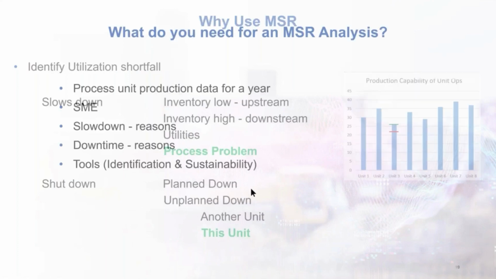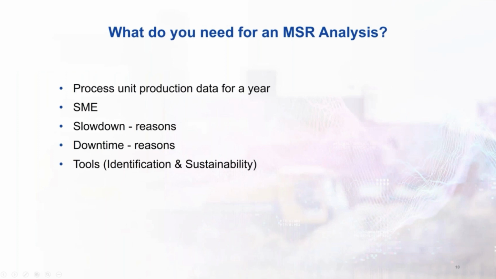So to take a look at how we go about doing that, what do we need to do the MSR analysis? We need the process unit production data for a year. We need somebody who knows something about the process, a subject matter expert, because when you start digging in and asking what can we do to move those up, it needs to really be somebody who knows the process.